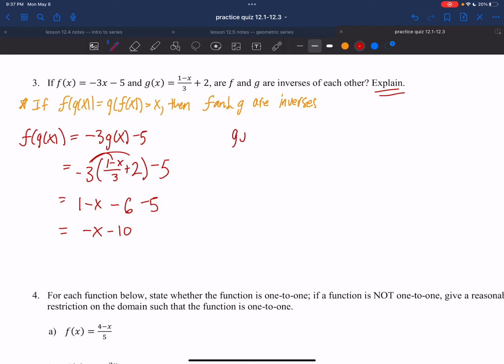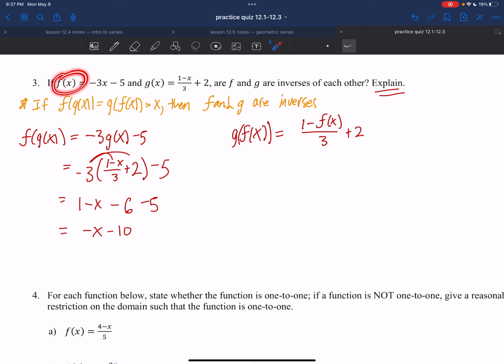Let's do g of f of x. And I would say just to be sure, but we are sure it's no. Yeah, it's already plainly and flatly no. They aren't inverses, but we'll go ahead and plug it in anyway. So we'll do g of f of x, and that is 1 minus f of x over 3 plus 2. You say, where are you getting that, Mr. Big? I say up here. The input is x, so it's this x right here.